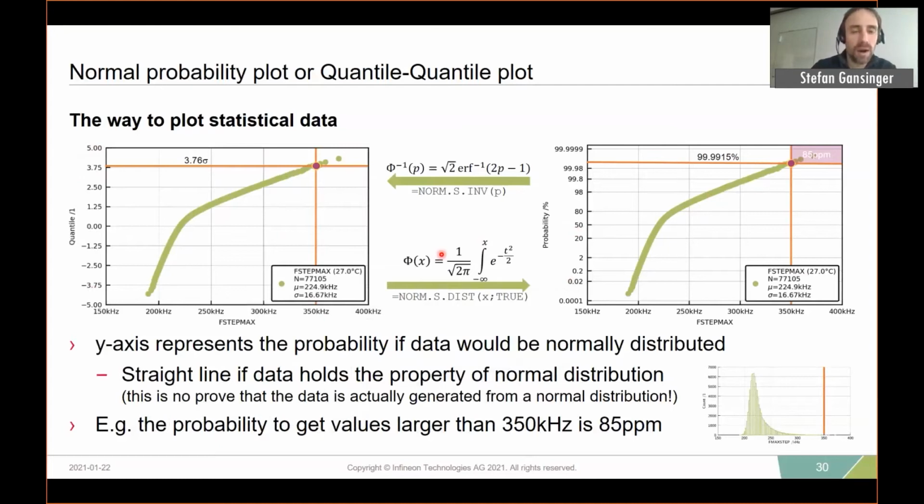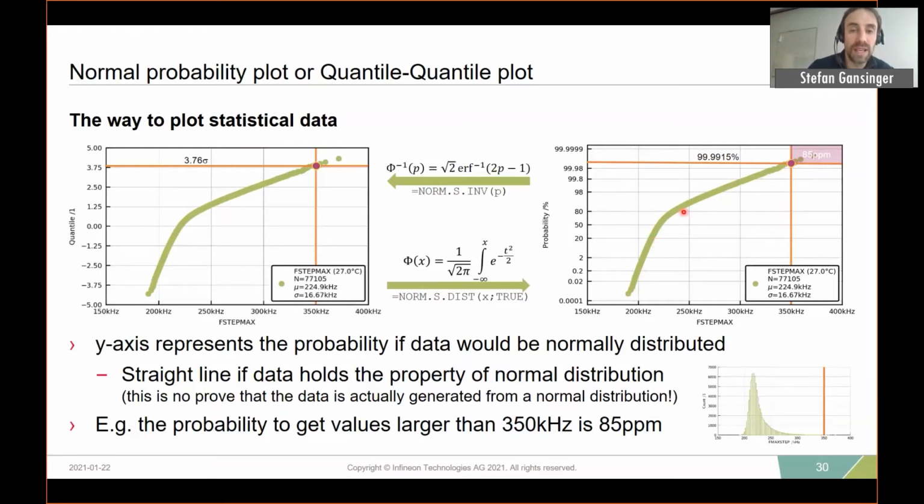When we look into this graph, I think there are two major benefits. By the way, this is the same data I showed you before in the histogram. What is clearly visible is that this curve has some bending. A bending always happens when the data does not follow a normal distribution anymore. Remember, we assumed the data is normally distributed.